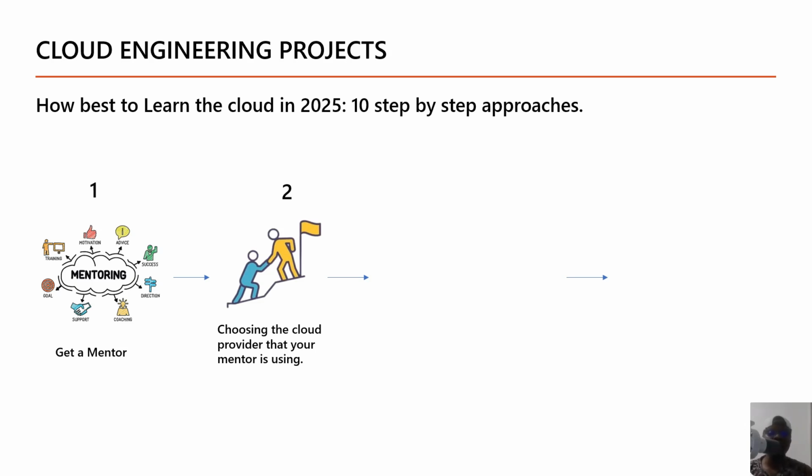So whatever challenge you are likely to face in your cloud journey, there's a high chance that your mentor has experienced it before. This way, you are most likely going to get the answer to your problem almost immediately. Something very clever, right?